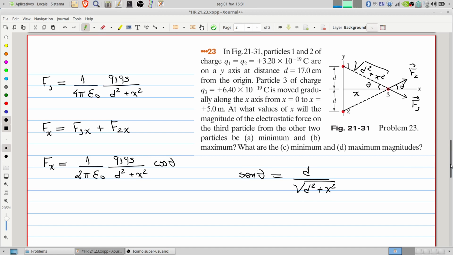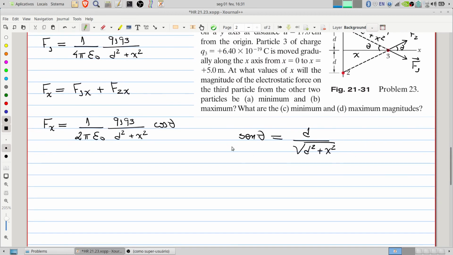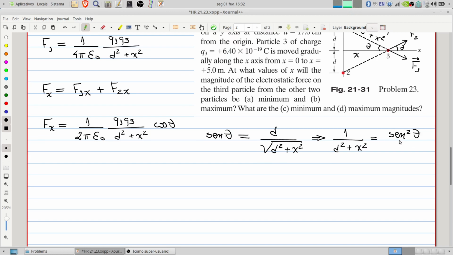Therefore, we can write that 1 divided by d squared plus x squared equals sine squared of theta divided by d squared.